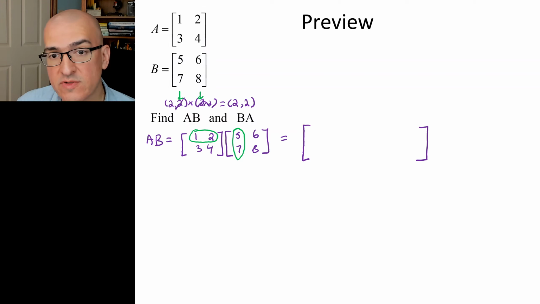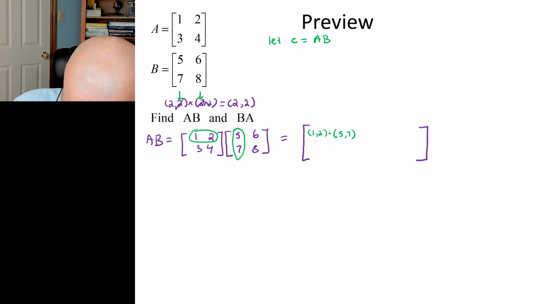I'm going to take the dot product of the first row with the first column, and I'm going to put it in the top left entry. So 1, 2, dot product, 5, 7. And then above this, I'm going to write down that this new matrix, which I'll call C, let C equal A times B. C11, not C12.